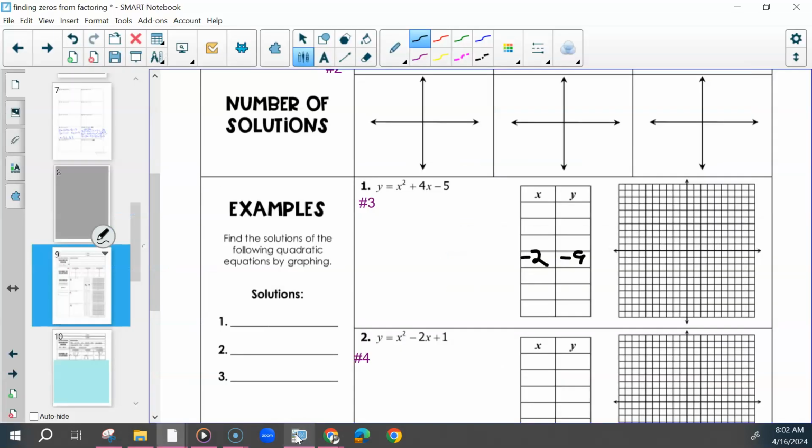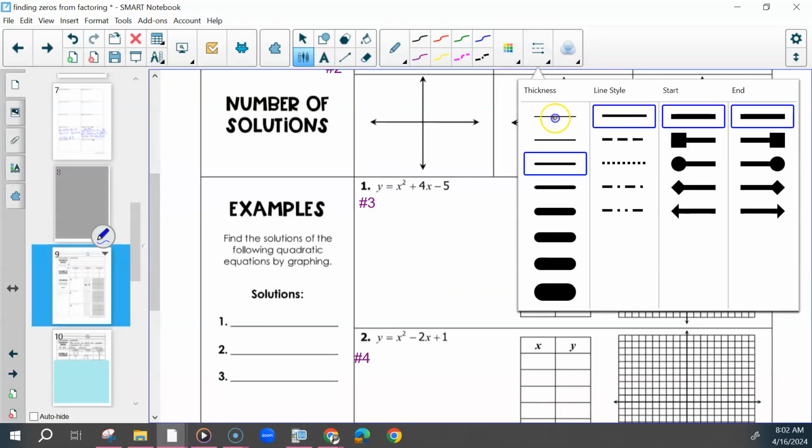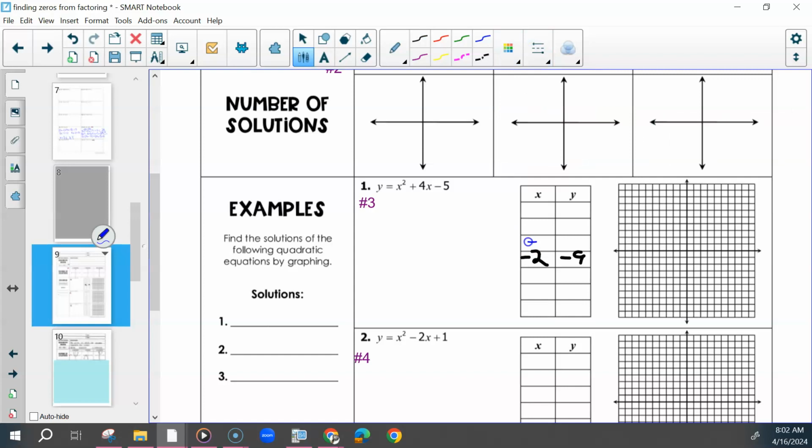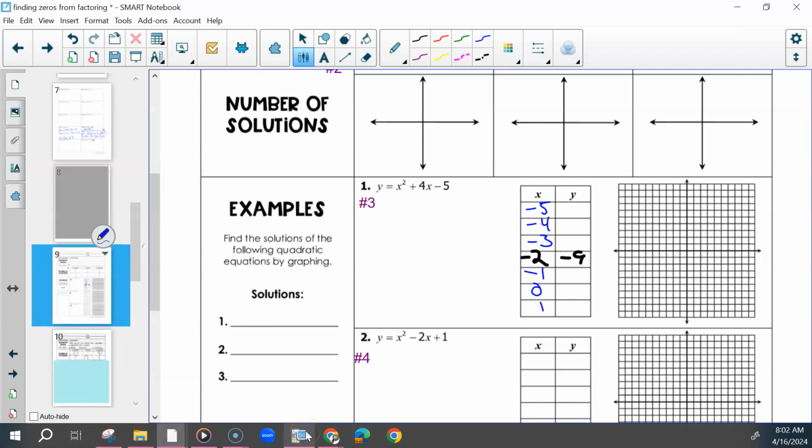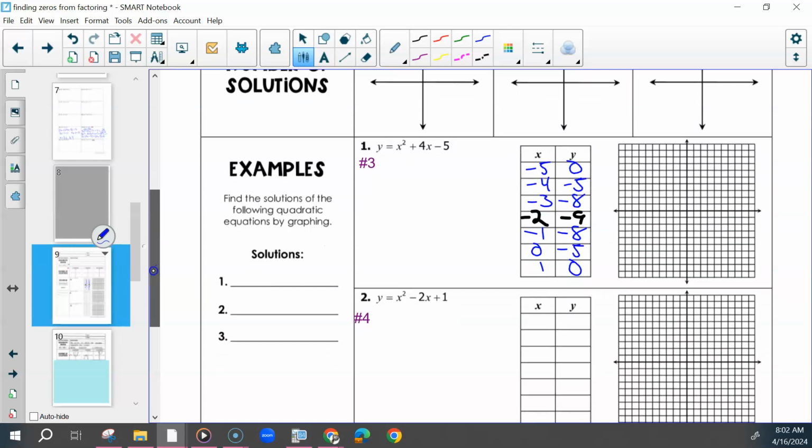So I'll do x's first. You have -8, -5, and 0. And then it would just repeat. Then I'm going to graph those points.